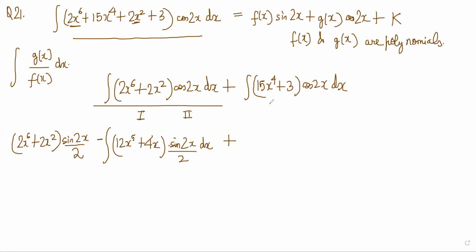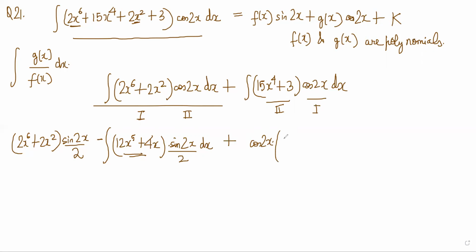Actually, if you think about it, if I take this one here as the second function and this one as the first function, I will get an x power 5 and all, right? So let's try that, because this is similar to this. So I will do the integral of 15x power 4 plus 3.